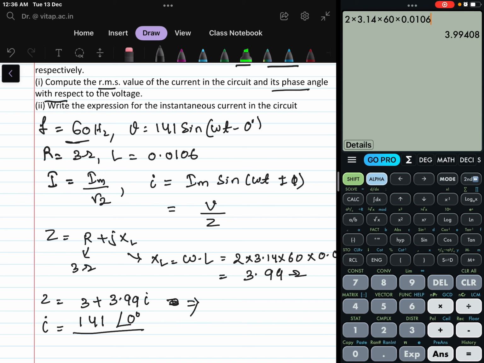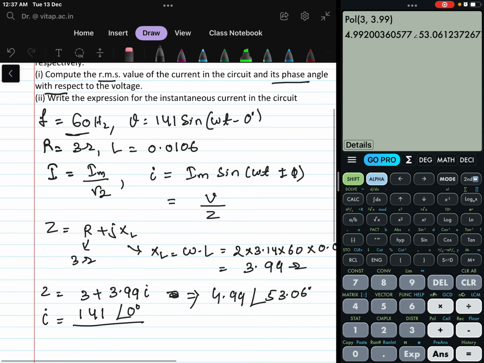How to do that? In the calculator you can go to convert to polar. The x value is 3 and the y value is 3.99. Converting that, this will be 4.99 with an angle of 53.06 degrees.